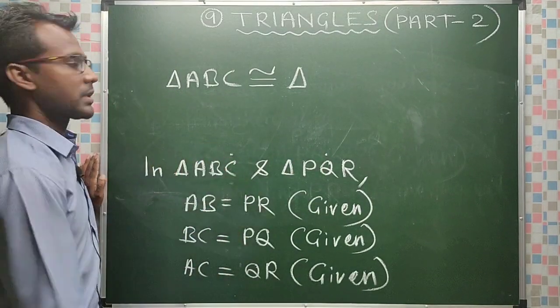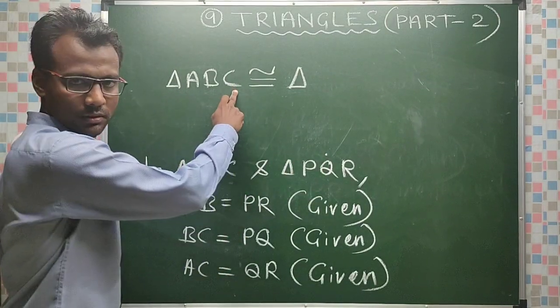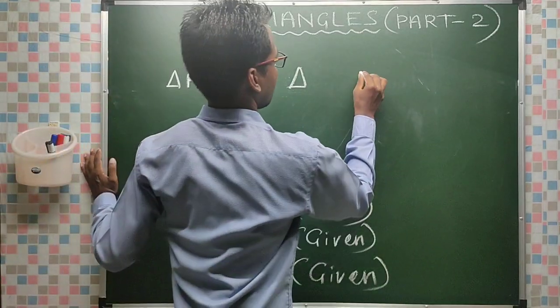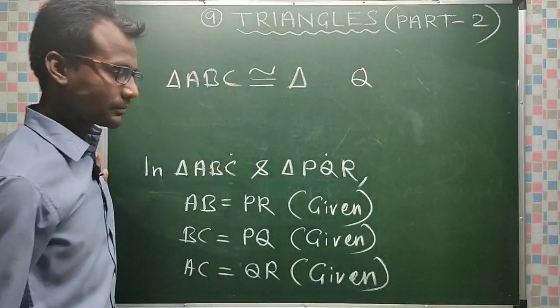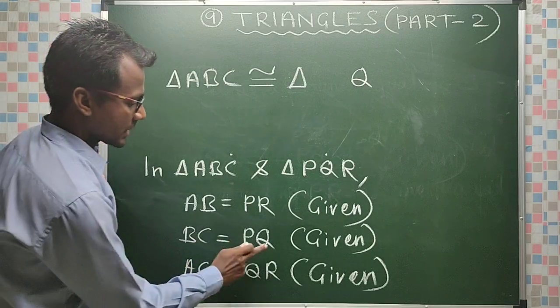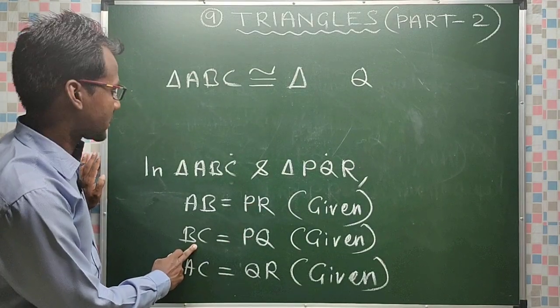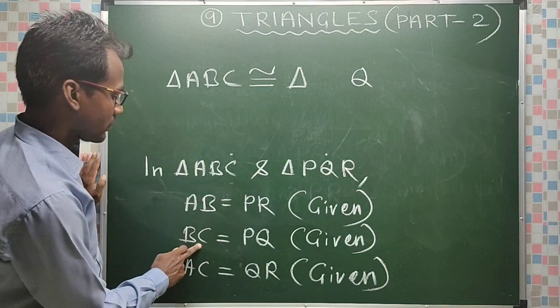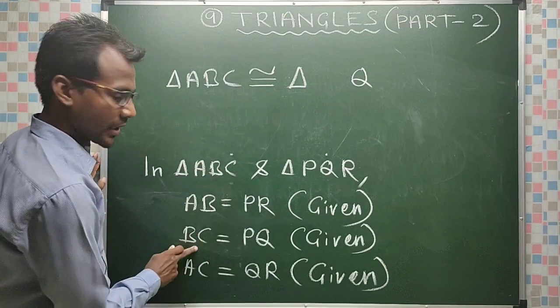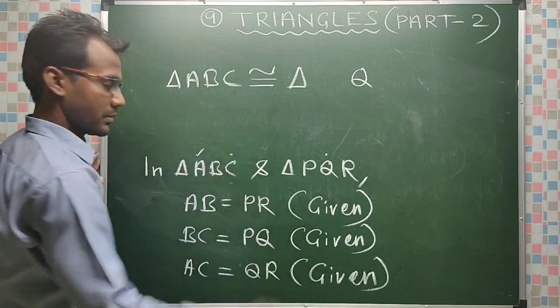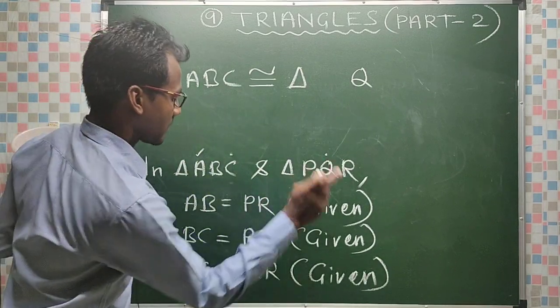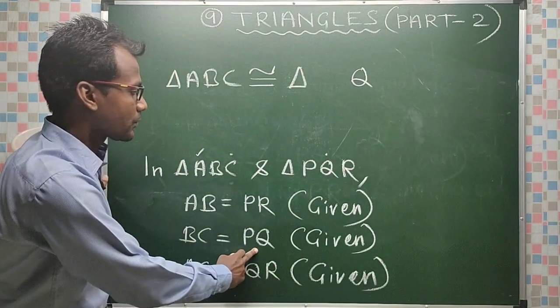So their position should be the same. C is last, so Q should be last. Next, BC is equal to PQ. Which vertex is opposite to BC in triangle ABC? The vertex opposite to BC is A. In triangle PQR, which vertex is opposite to PQ?